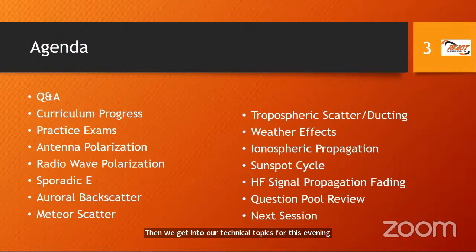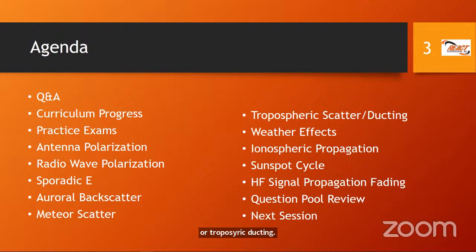Antenna polarization, followed by radio wave polarization. Then we discuss what sporadic E is, as well as auroral backscatter and meteor scatter. Then we get into tropospheric scatter or tropospheric ducting, as well as the effects of weather on propagation.